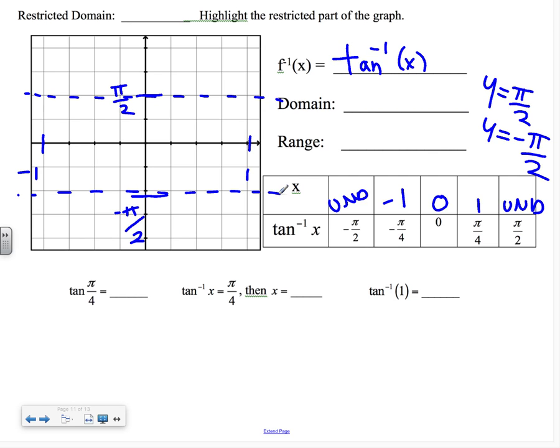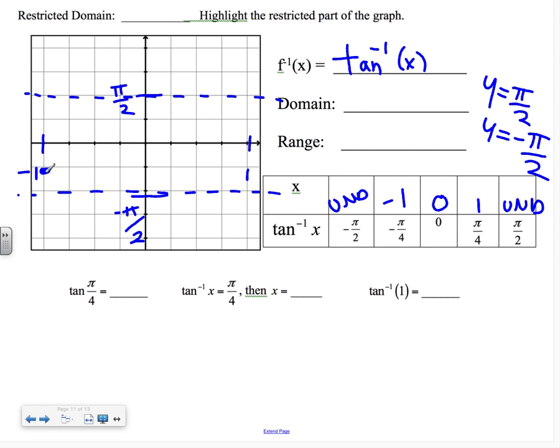All right, I'm going to plot a few points. Negative pi over 4 is negative 1, no, I'm sorry, I've got to do this backwards. Negative 1 is negative pi over 4. So when x is negative 1, y is negative pi over 4, right? Yeah, it's going to head to the asymptote.